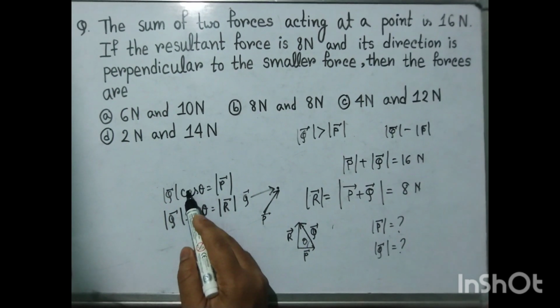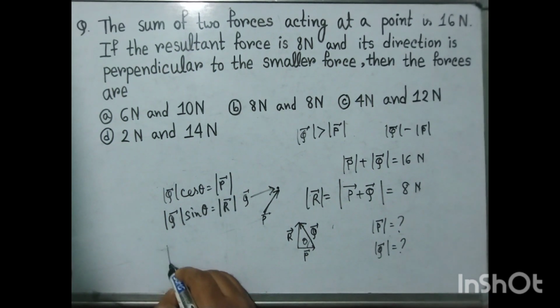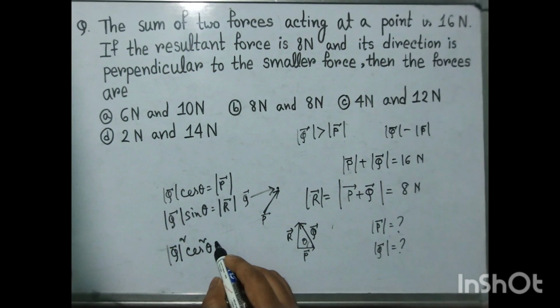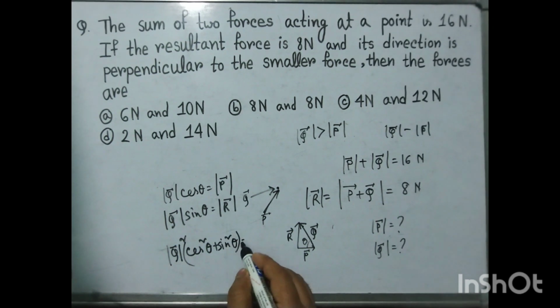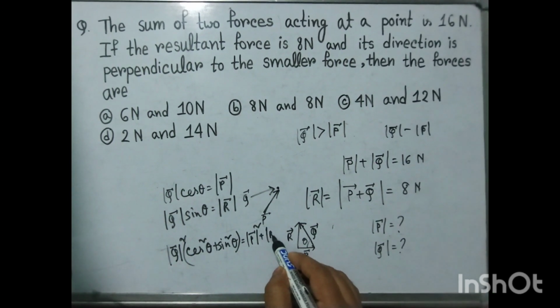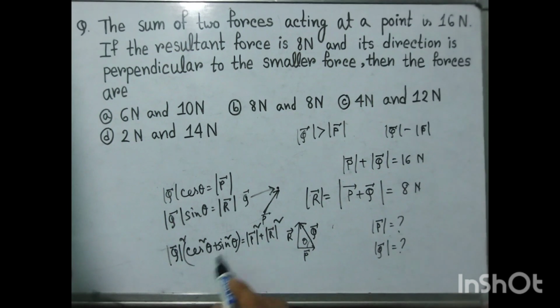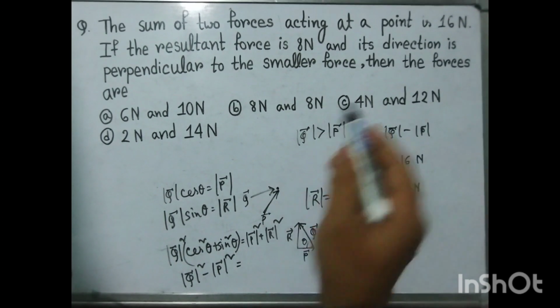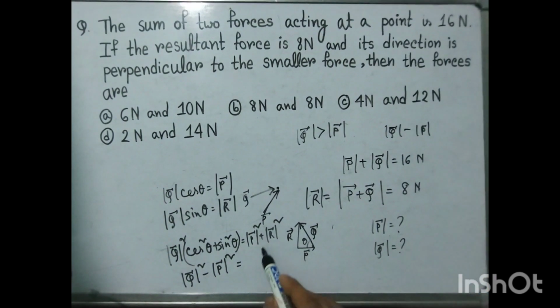So if you square these two and then add them, it will be mod q square into cos square theta plus sin square theta equal to mod p square plus mod r vector square, and cos square theta plus sin square theta is 1, so mod q square minus mod p square equals mod r square, which is 8 square, that means 64.